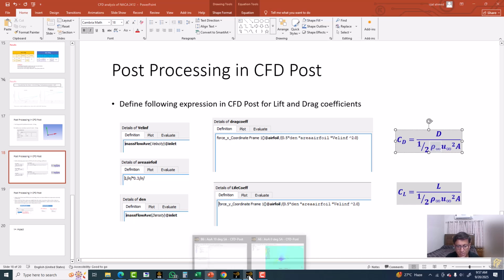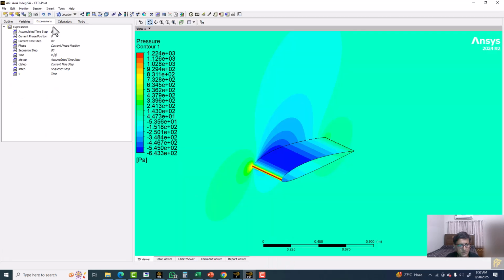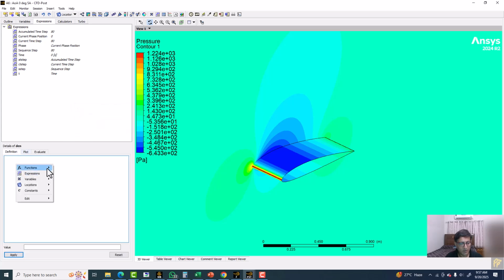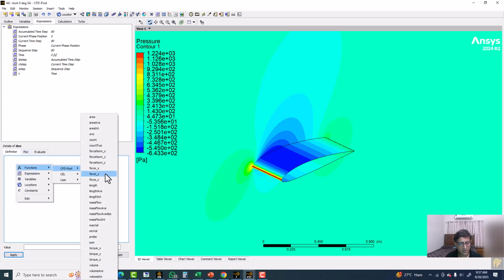Okay. So now go to CFD Post and go to expressions. The first thing is that I will define the density. It should be an expression name that does not contradict any other defined inbuilt name in CFD Post. So right click here, I'm going to use CFD Post, and mass flow average is very good for these definitions.